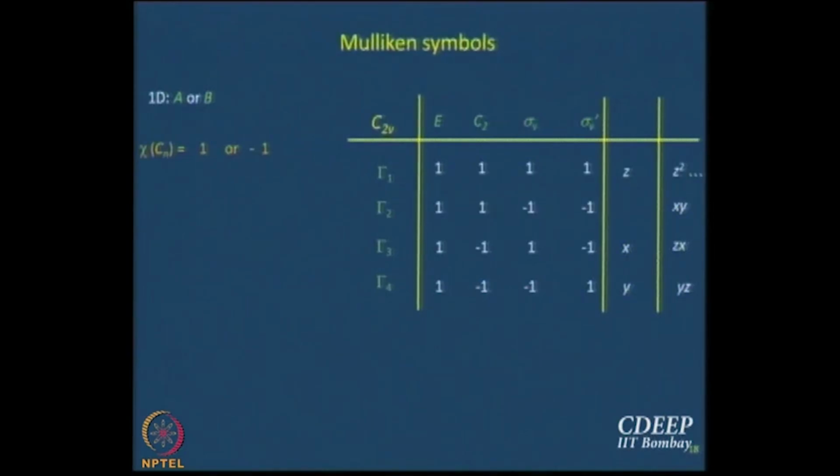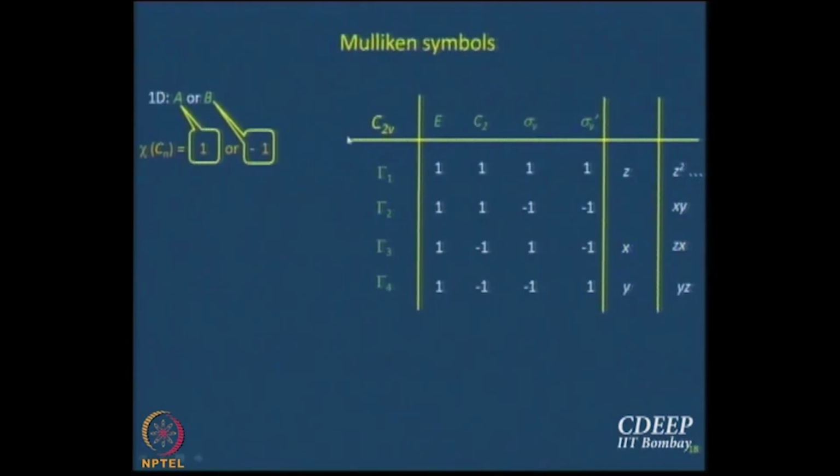So, characters can be either +1 or -1, that is the advantage. Now if there is a principal axis of symmetry, then look at the principal axis of symmetry. What are the characters? If the character is +1, then you call the symmetry species A. If the character is -1, then you call it B. Alright. That is why looking at the character of the principal axis of rotation.